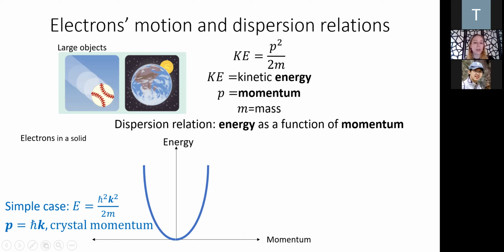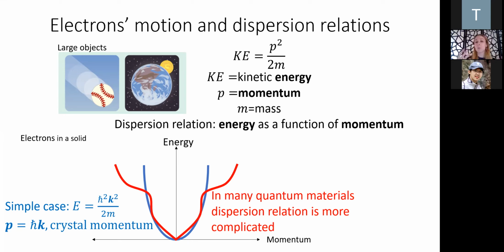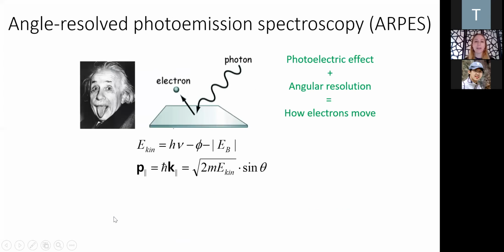So you can have very simple dispersion relations, energy versus momentum in a crystalline solid, or you can have more complicated dispersion relations, not necessarily more complicated, but just not this quadratic dependence.